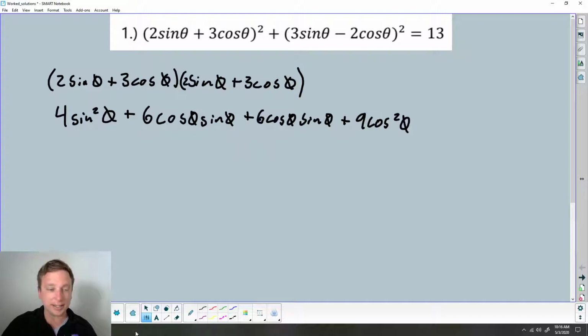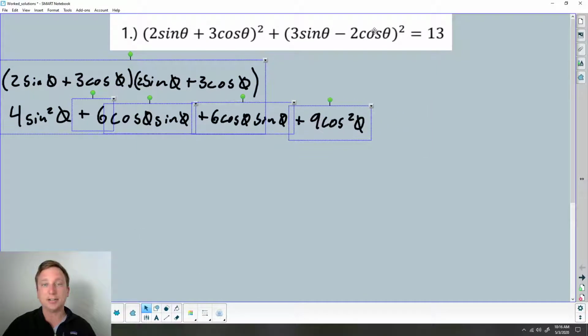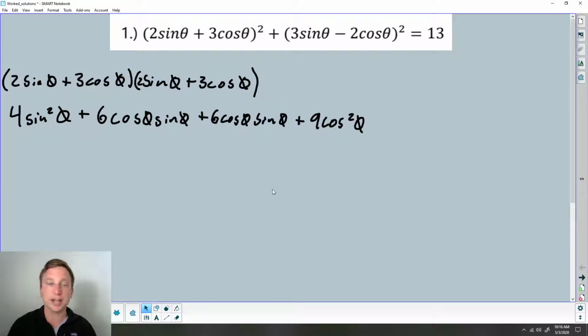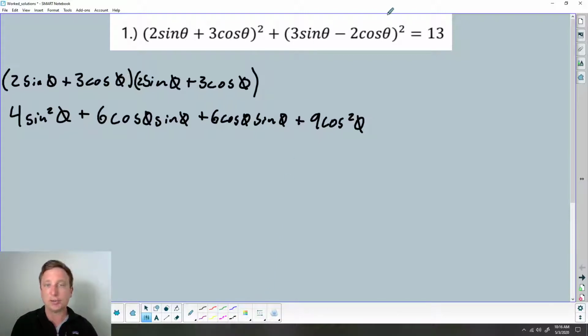And if we take this and we do the same thing to the 3 sine theta minus 2 cosine theta, it ends up being something that looks like this when we distribute it. So we have 3 sine theta times 3 sine theta, which is a positive 9 sine squared theta.